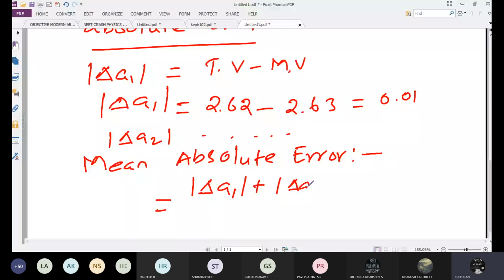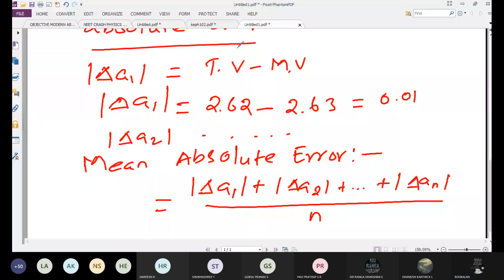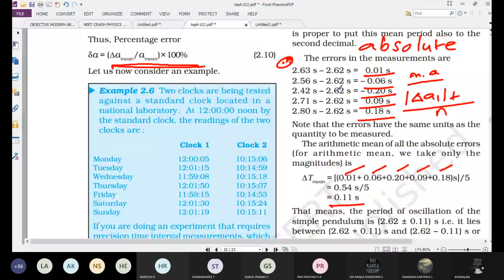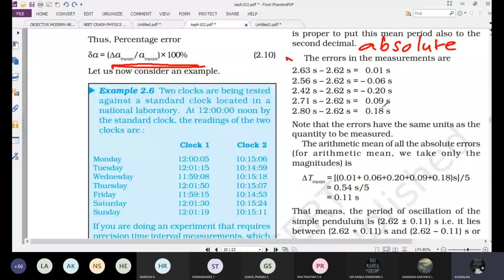Okay, so 0.01 is the A1 value, A2 value 0.06, A3 value 0.20, A4 value 0.09, A5 value 0.18. Divide by 5. Then you will get the mean absolute error value, 0.11.